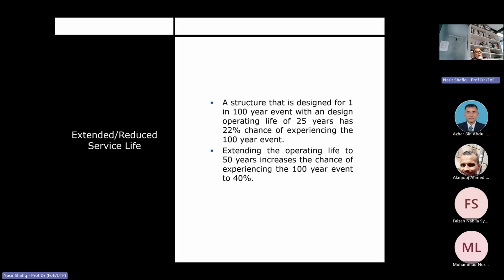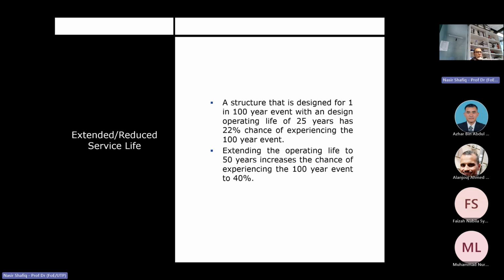The longer the life, the greater the chances of occurrence of the 100-year wind data. Say from 1925 to 2025 data, it is showing that in that particular region, that is the maximum wind speed.